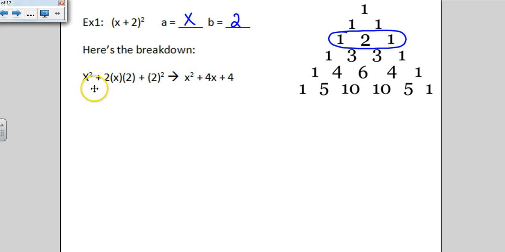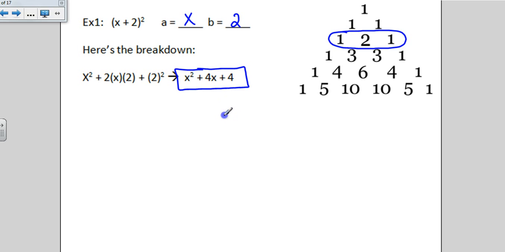So I've already filled out the example for you. Instead of a squared, we called it x squared. Then 2 times a times b, so 2 times x times 2, and then plus 2 squared, or b squared. Now when I simplify that, the 2x times 2 became a 4x, and the 2 squared became a plus 4. So this binomial expanded into x squared plus 4x plus 4.